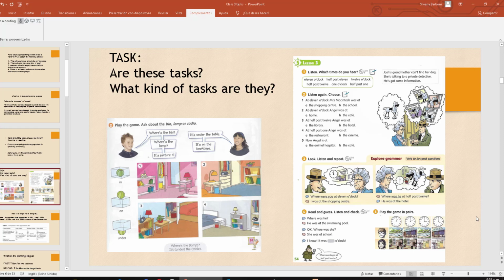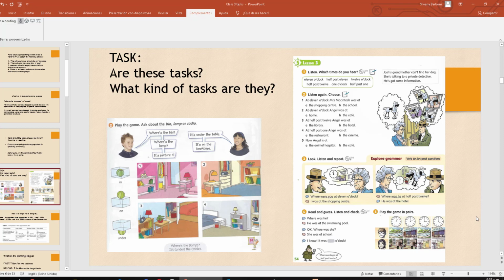Now, if we look at 4, read and guess, students have to listen for the end of the conversation that started in exercise 2. First, they have to guess what time they think the character was in a specific place, right? Then they have to listen and check if they were right.